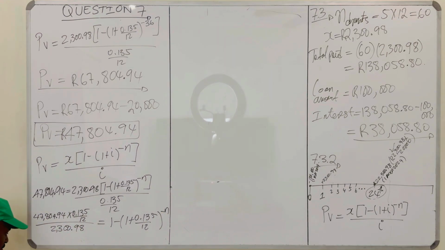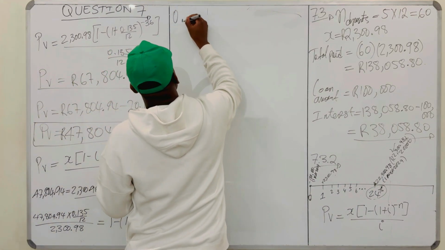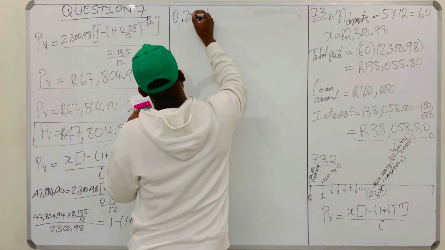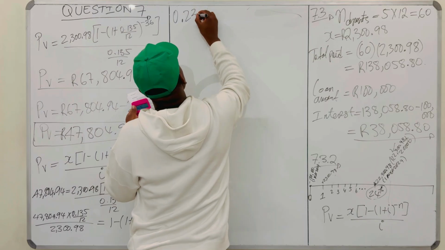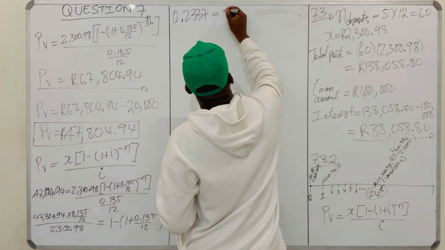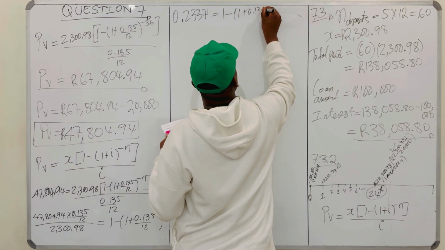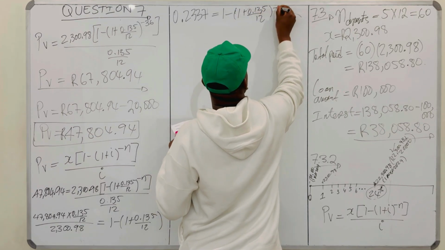Fine. If we punch this, what do we get? This times 0.135 over 12, over 2,300.98, gives 0.2337, which is equal to 1 minus 1 plus 0.135 over 12 raised to negative n.